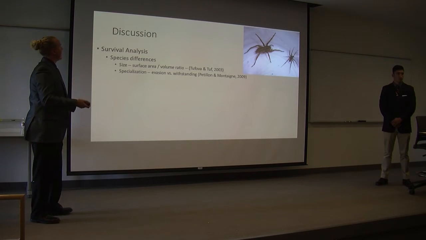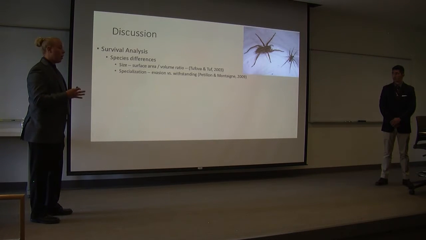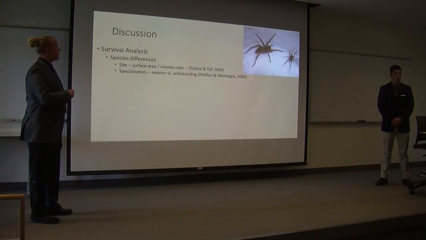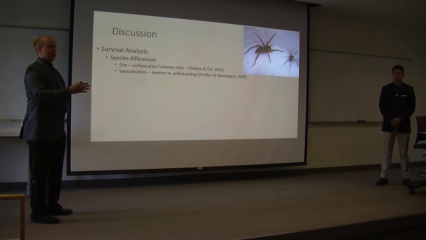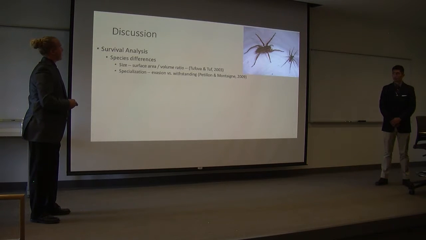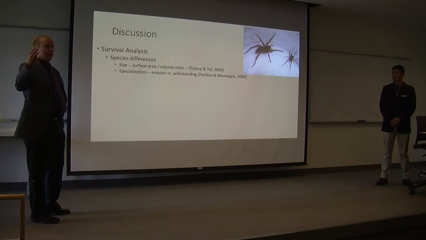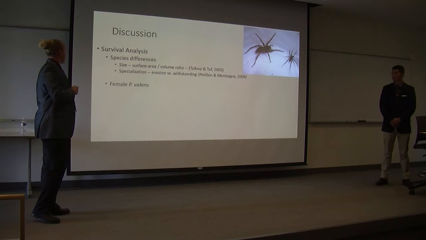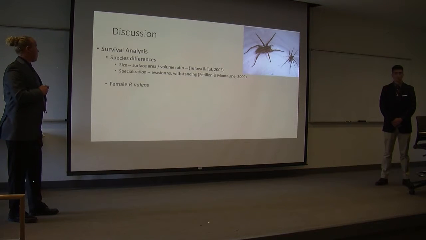So what we think is that the Pardosa species would be the withstanding species, just because of how close it is related to the water and where it is in the stream bed, compared to the Rabidosa, which we believe would be evading, trying to get up just because it's a little further from the stream bed.